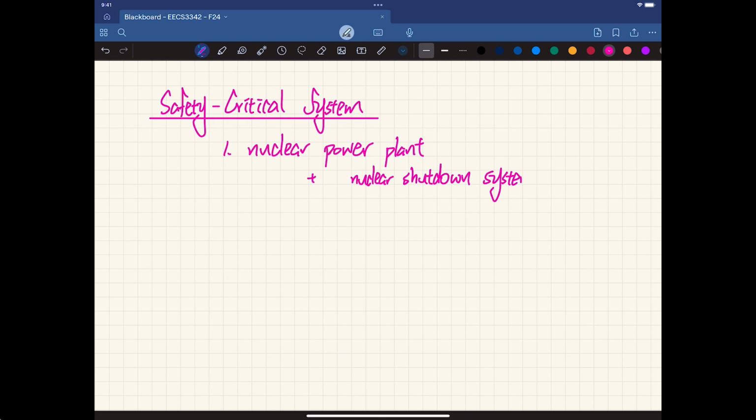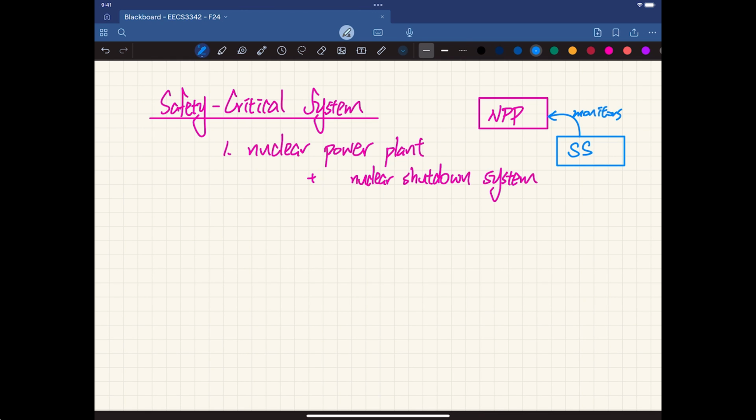So you can think about the idea as you have your nuclear reactor, nuclear power plant over here. And then you have another separate system over here. This will be the shutdown system, which constantly monitors the different variables.